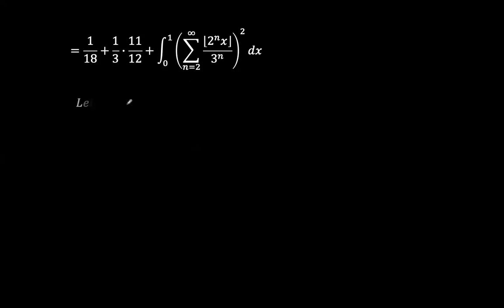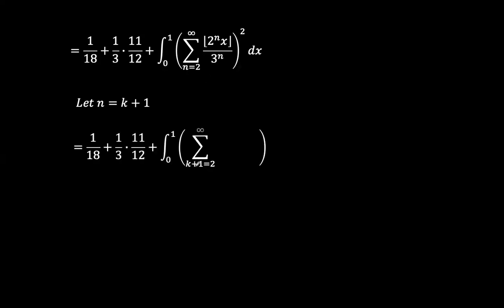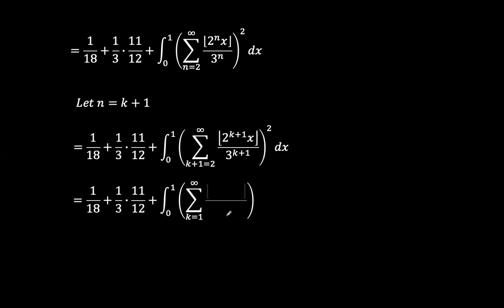So how we do that is by letting n be equal to k plus 1, such that when we plug k plus 1 in place of n, we have k plus 1. And so subtracting 1 on both sides, we are left with k equals 1. So our summation now begins from k equals 1.